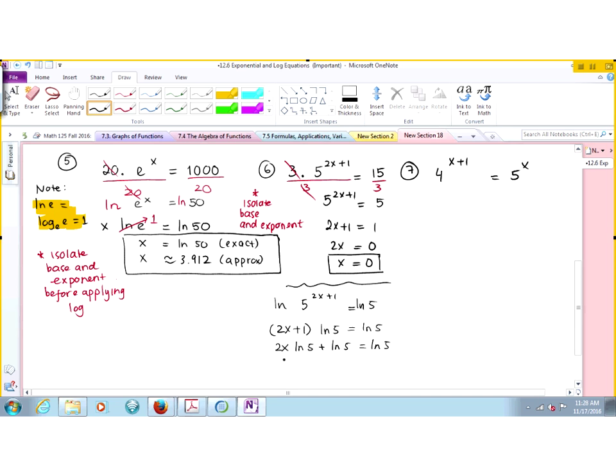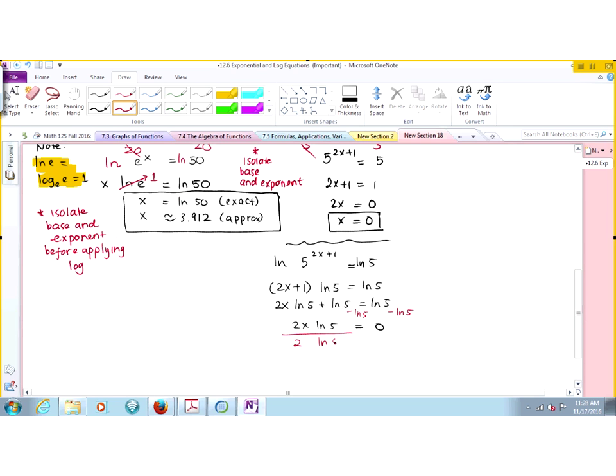And then what do you do? You have to isolate the x, so what do you do here? Subtract ln5 both sides. So what is this? 2x ln5 is equal to 0. Then how do you solve for x?